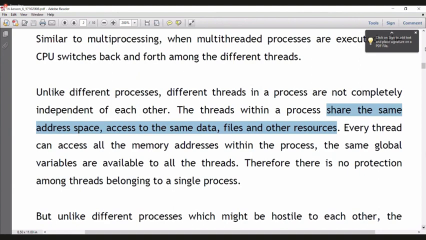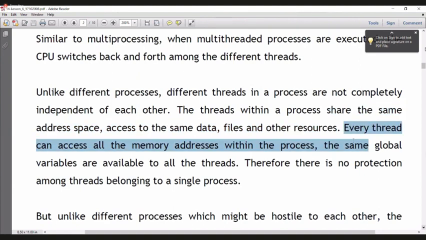So every thread of a process can access all the memory addresses within that process, right? But not the memory addresses in other processes. So a thread can access all the address space allocated for that process.